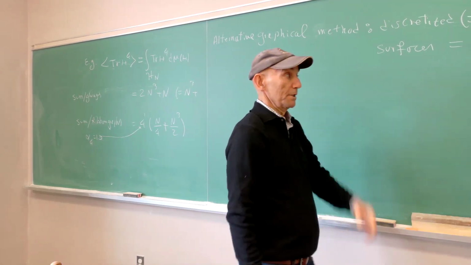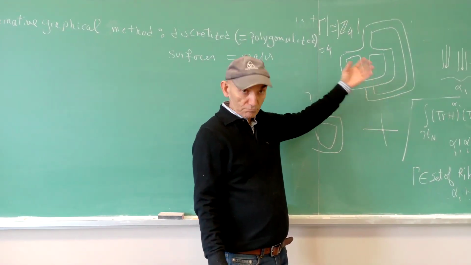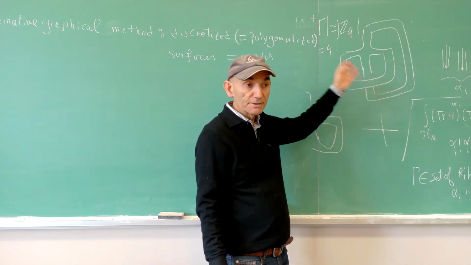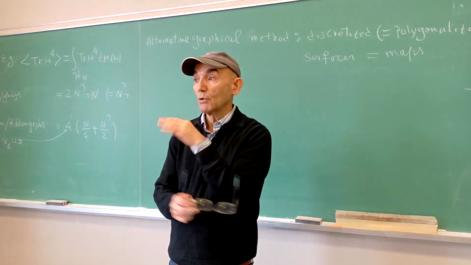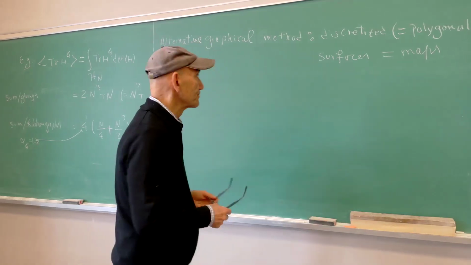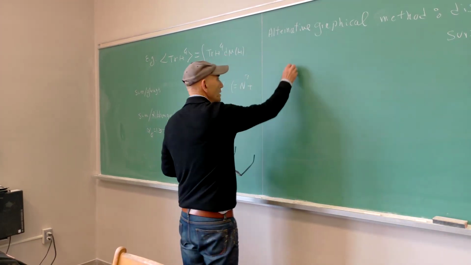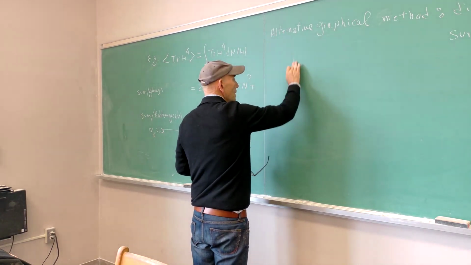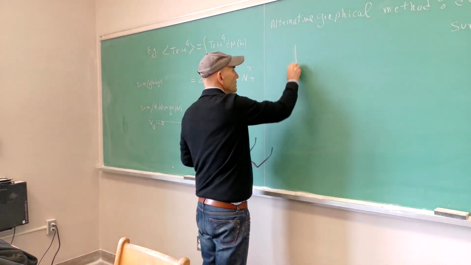So, okay, now how do we go from this, which is a thing drawn on the surface anyhow, it comes with the surface, to a polygonalization?